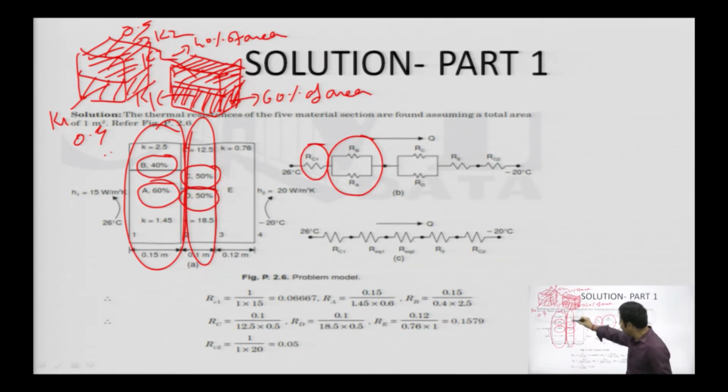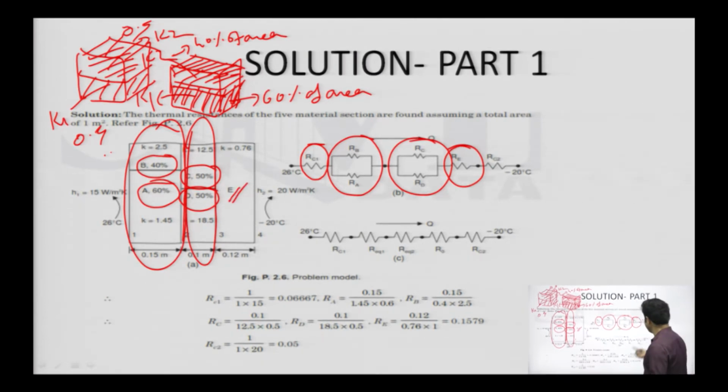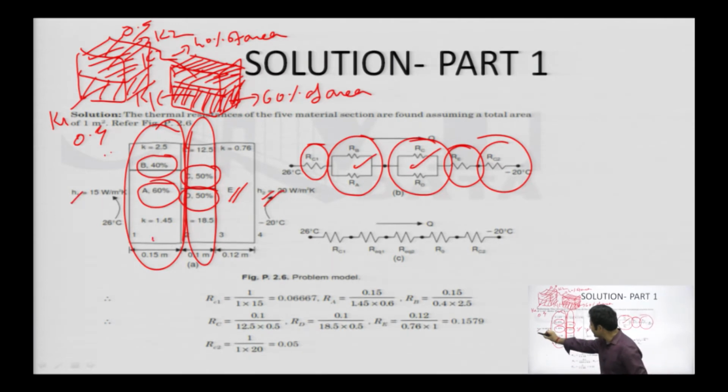Then the heat will come into this duo, which is again in parallel, and then to the E portion. Everything is in series, only this duo and this duo are in parallel to each other. Then this is the second convection. Here it is H2, here it is H1, this is 26, this is minus 20.